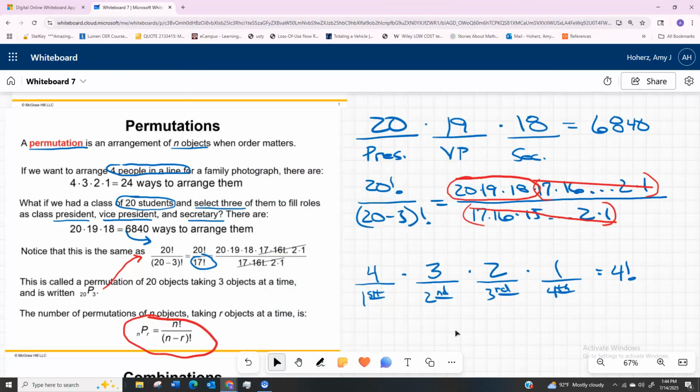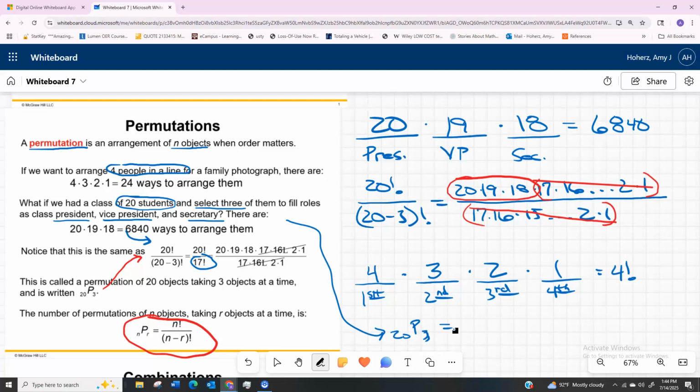So on your exam, what I want to see is, if you see a problem that says, say, what if we had a class of 20 students and select 3 of them to fill roles? How many ways are there to arrange them? I would want to see for your work either 20 times 19 times 18, or 20P3, and then just hit enter.